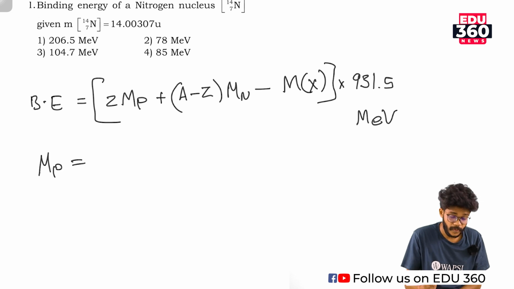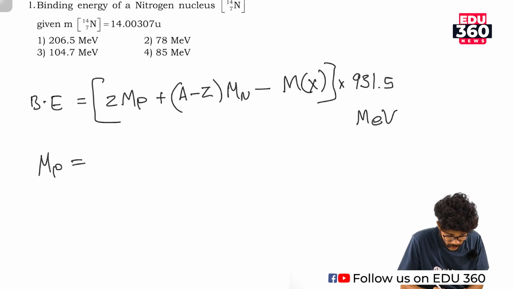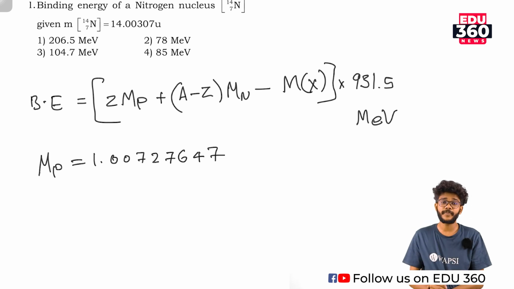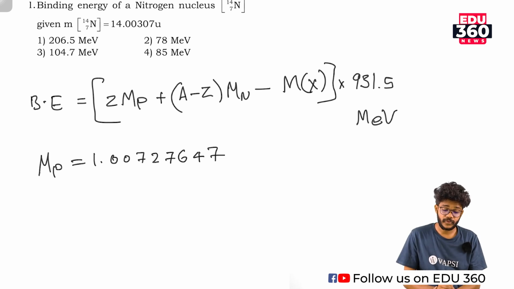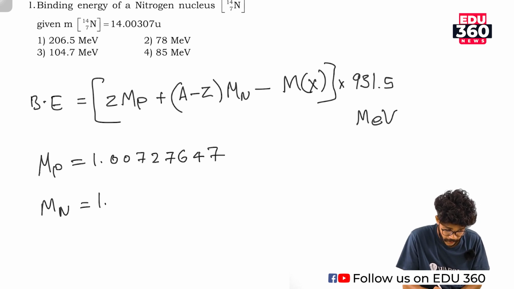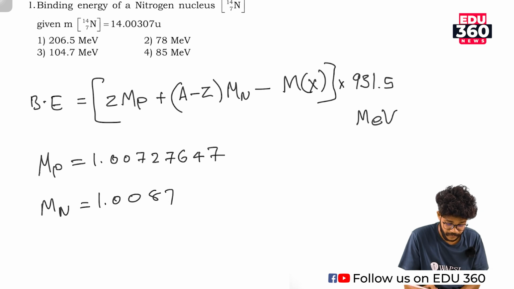Okay, so we can substitute what is Mp. Mp is equal to the mass of proton. Mass of proton is equal to 1.0072 7647, which is the atomic mass unit of proton. Okay, and mass of neutron is 1.0087.